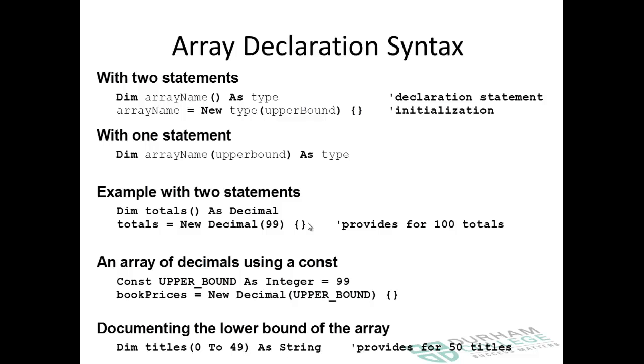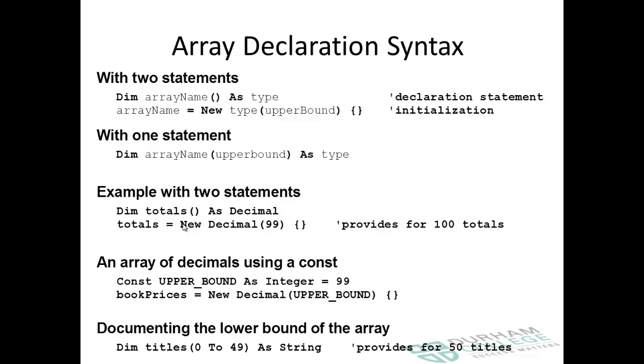So in the case of this example down here, where I've actually declared a totals array as a decimal array, and then I've initialized that decimal array, saying that its upper bound is 99, which in fact provides space for 100 decimal totals.